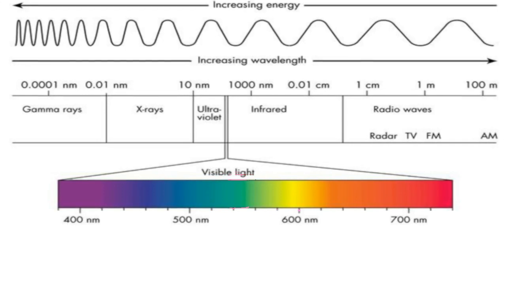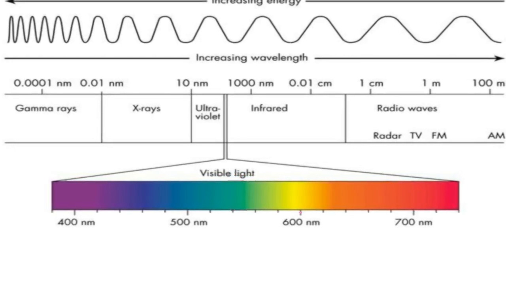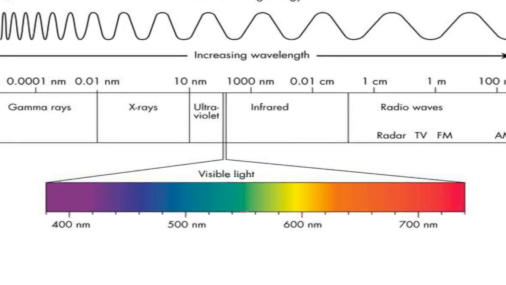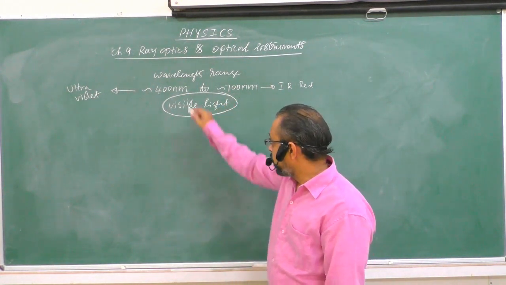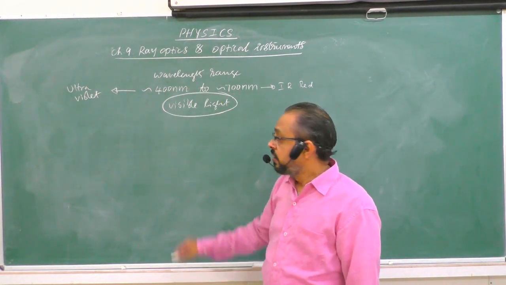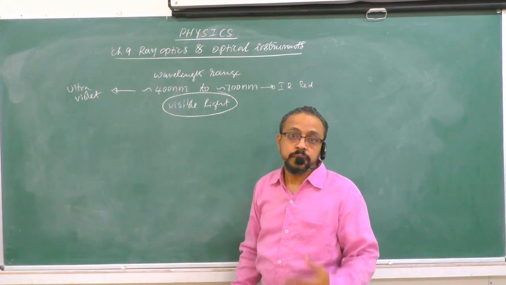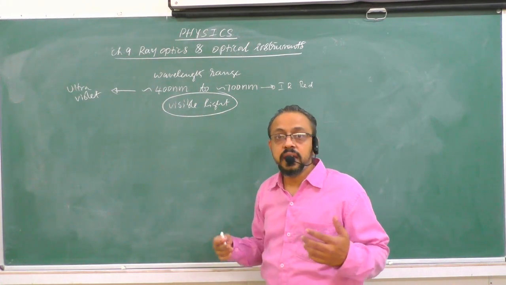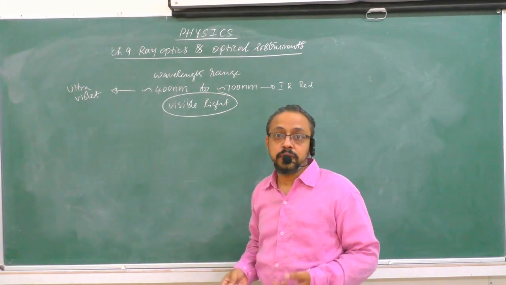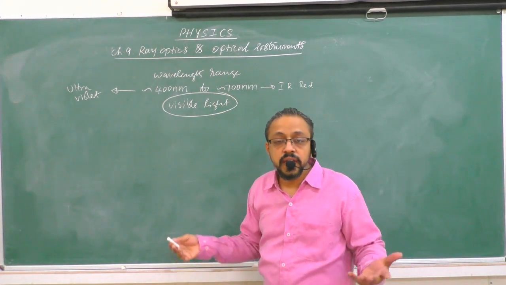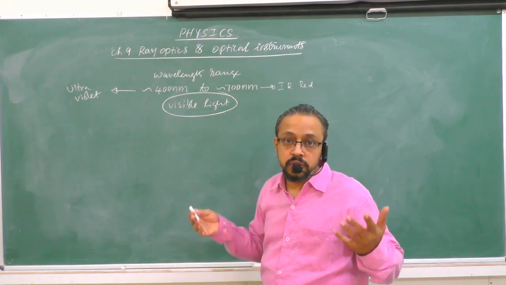It extends on both sides. But I am interested only in this range of wavelength, 400 to 700 nanometer, which is visible to the human eye. The human eye can get those wavelengths and collect information from our surroundings, so we can watch what is happening around us.